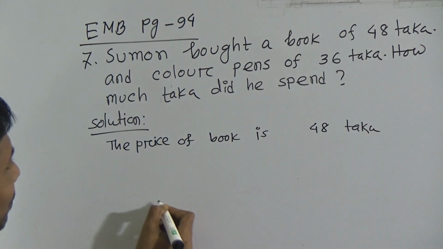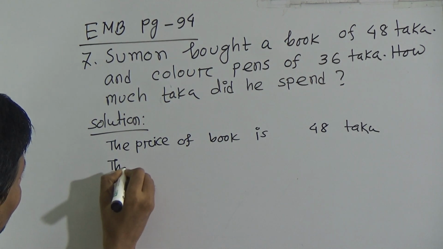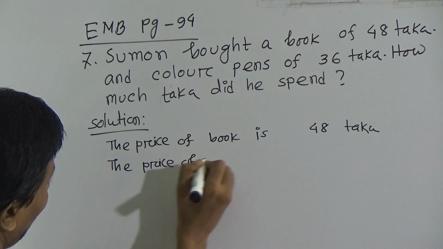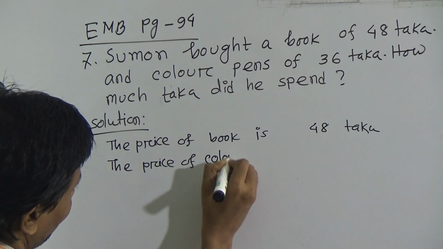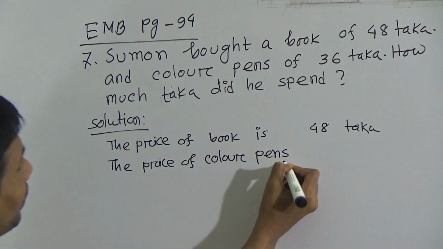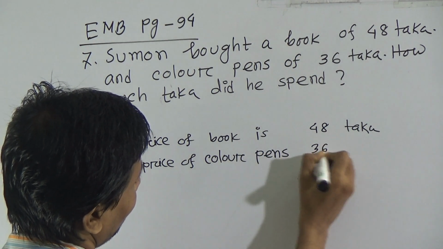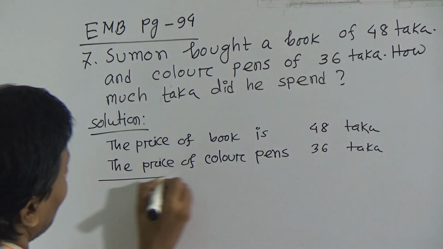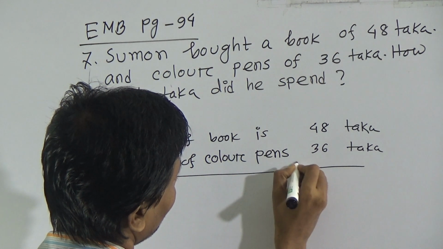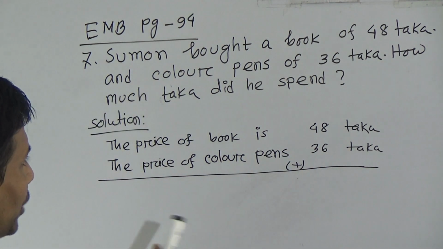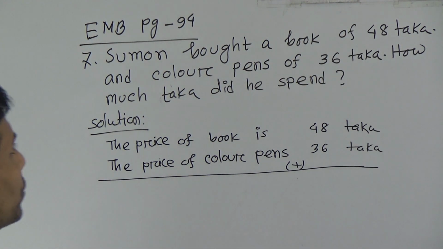Then the price of the color pens is 36 taka. As this is addition, you will put the addition symbol here. Question: how much taka did he spend?